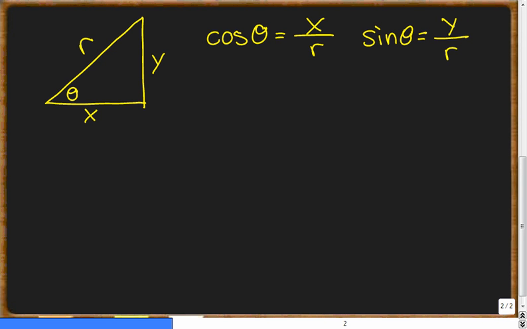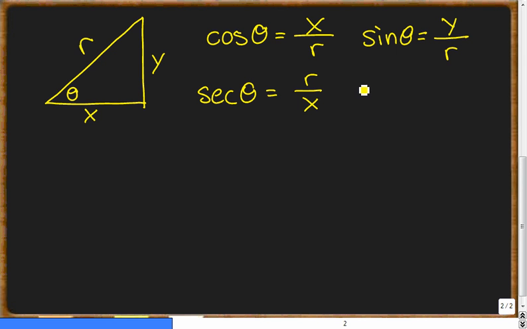Now, our additional functions are going to be based off of these two. We have cosine is linked with something called secant. It is just the reciprocal of cosine. This would be r over x.